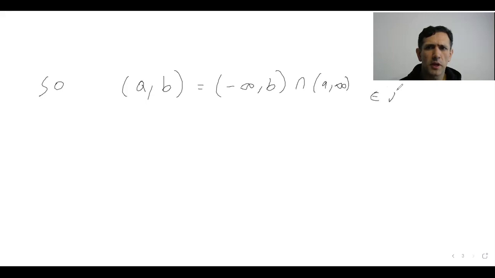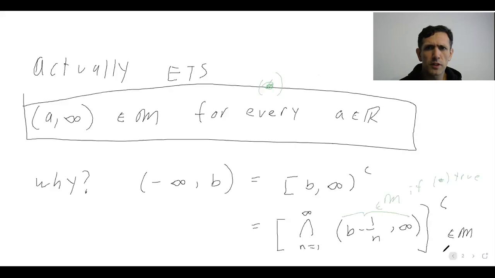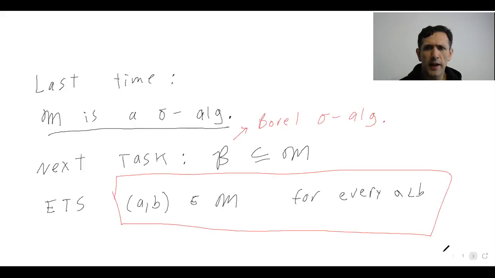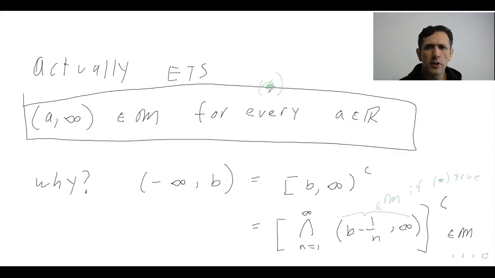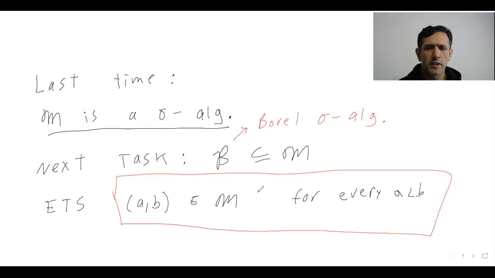This will be in script M if both of these are in script M, since then so will the intersection. So that proves that the star here in green implies what's in the red.